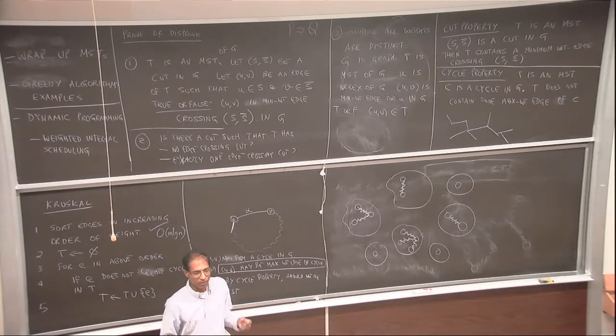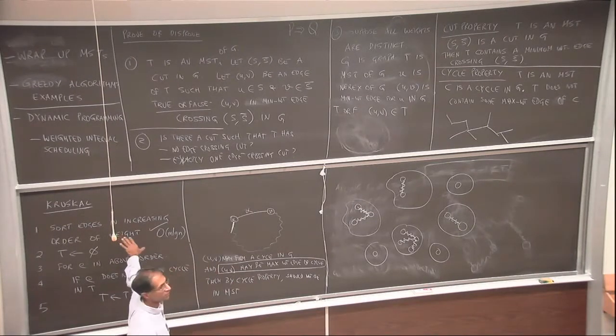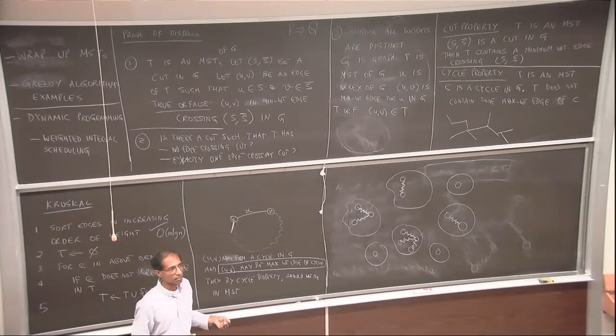Okay, what do we do repeatedly? We look at an edge, we check to see if adding that edge creates a cycle. We are looking at all the edges in increasing order of their weight. If it forms a cycle, then we throw it away. If it doesn't form a cycle, we'll go ahead and add it.